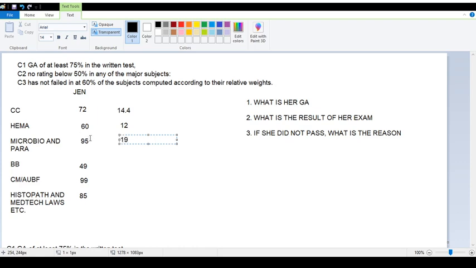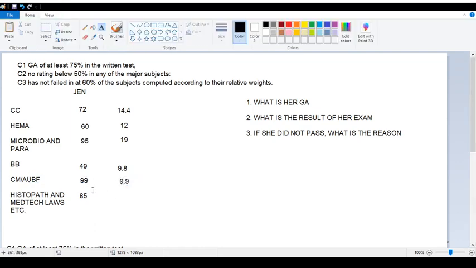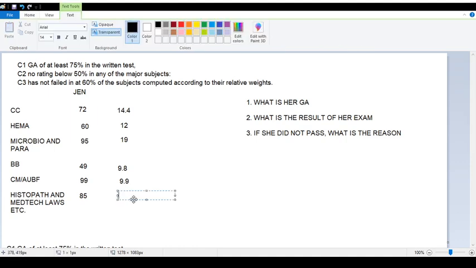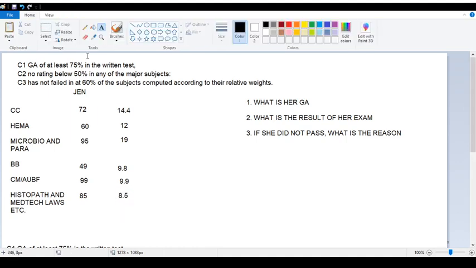Tama ba? 19, yes. Blood banking is also 20%, 4.9 times 0.2, or 4.9 times 2, that is 9.8. But since CM and histopath are only 10%, maglagay ka lang ng decimal place in between the two numbers, that is 9.9 and 8.5.